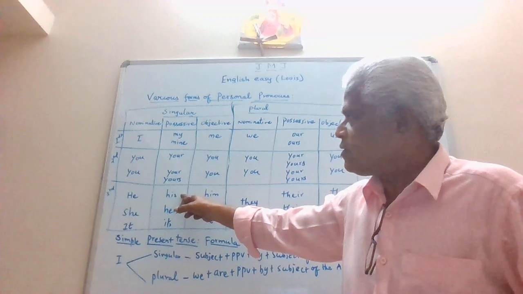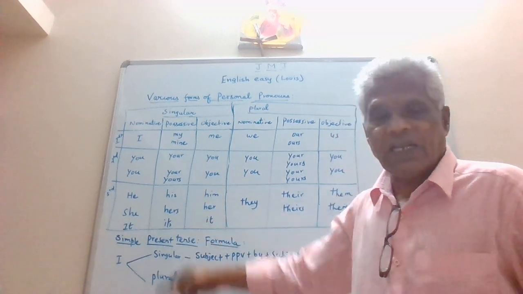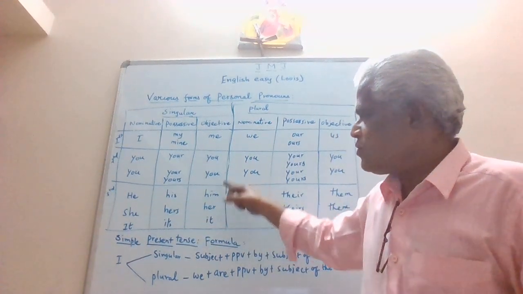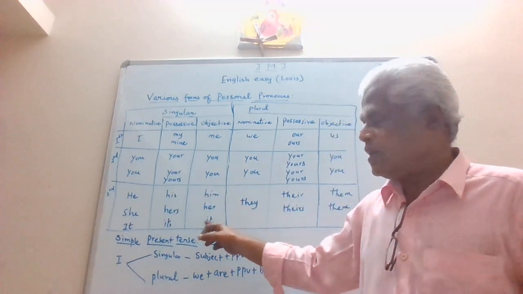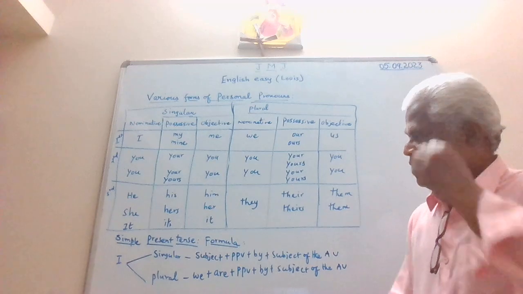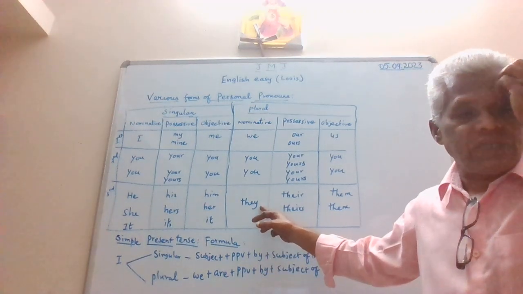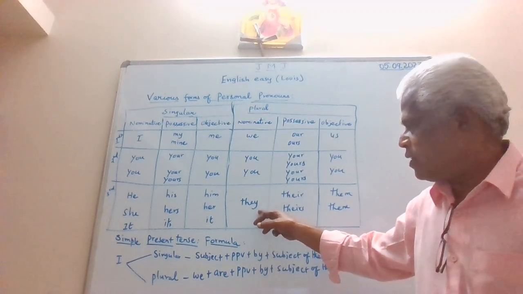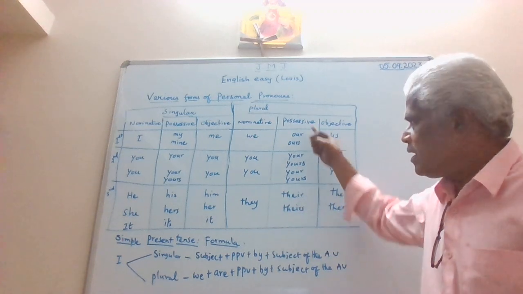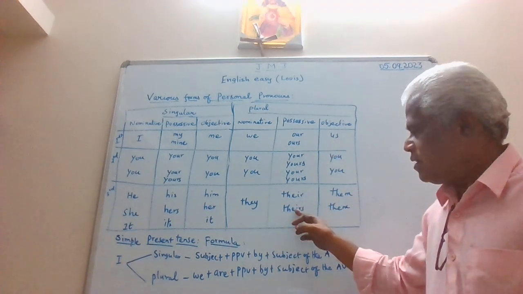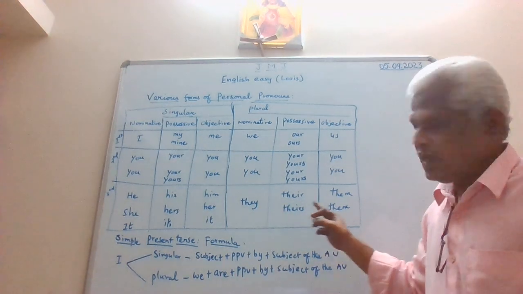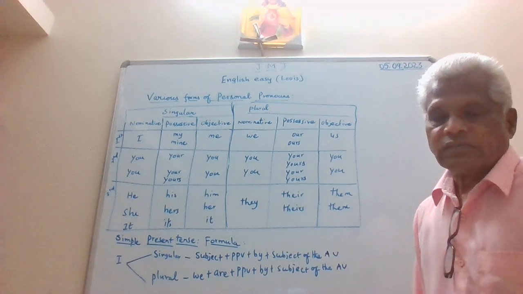For the possessive, his, hers, and its. And for objective, he becomes him, she becomes her, it remains as it. Coming to third person plural, they become their in possessive case, and in objective it becomes them. Theirs sometimes, and them also.